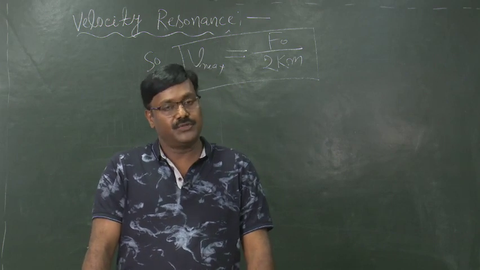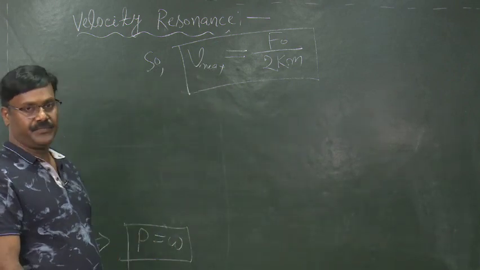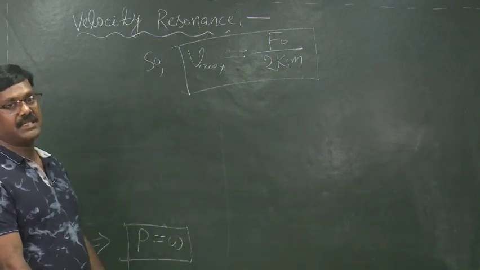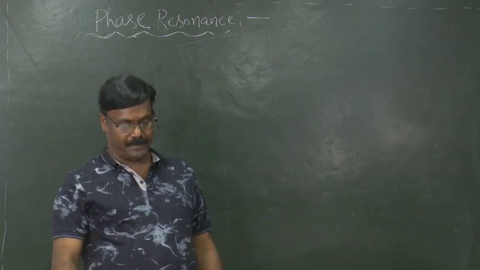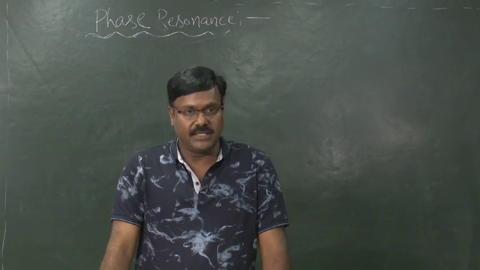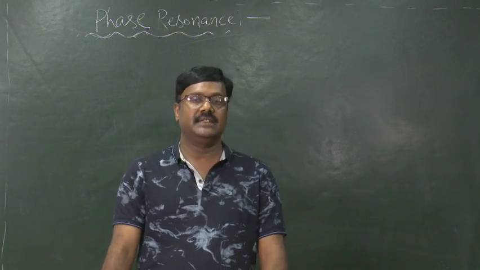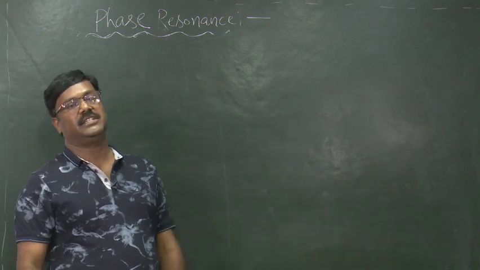So, we should calculate the phase resonance, that means the phase of the vibrating body at resonance. We have to now discuss what is phase resonance and derive the expression for it.